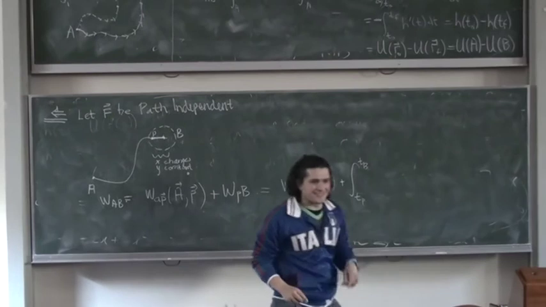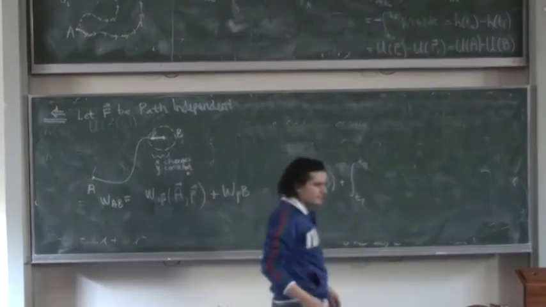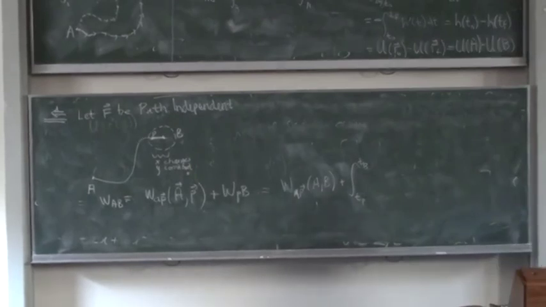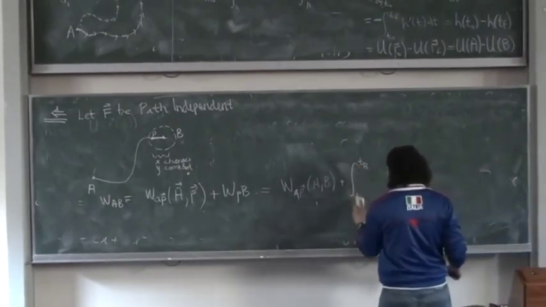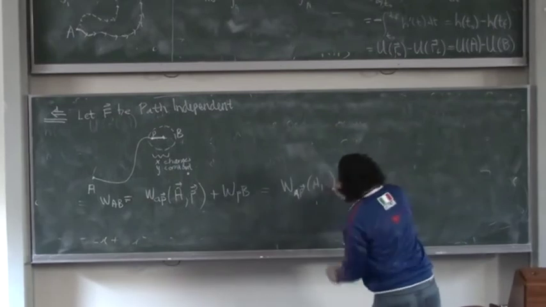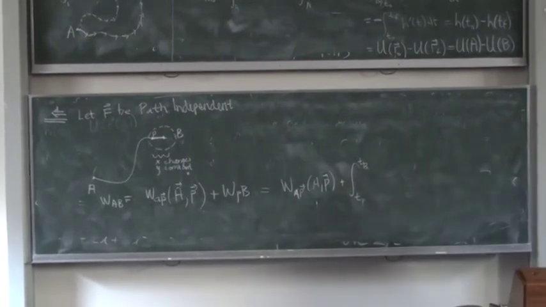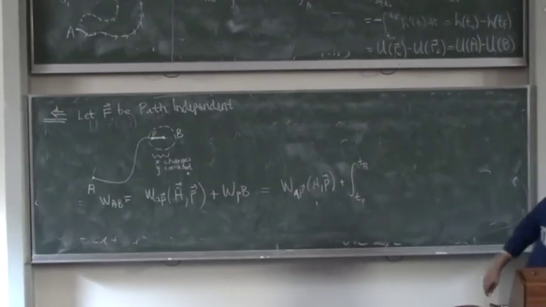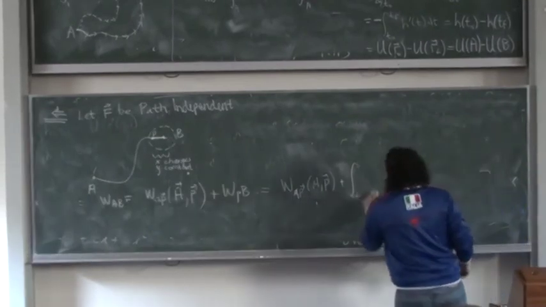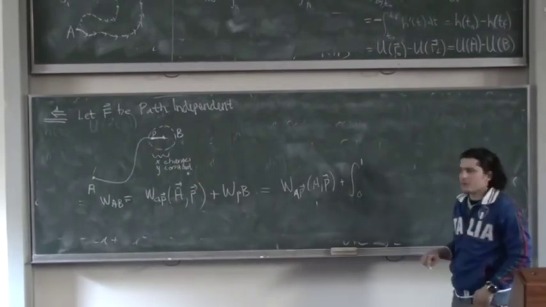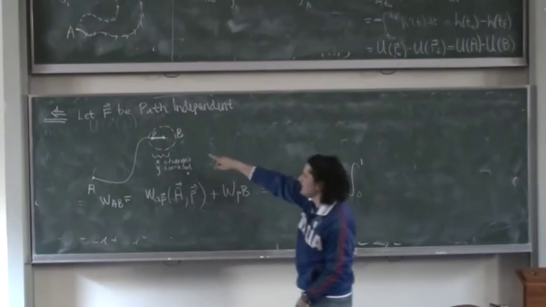It's only dependent on A and P, correct. So now we're going to just go straight ahead and parameterize this in the standard way. We're going to go from 0 to 1, right? And we're going to parameterize the line from P to B.